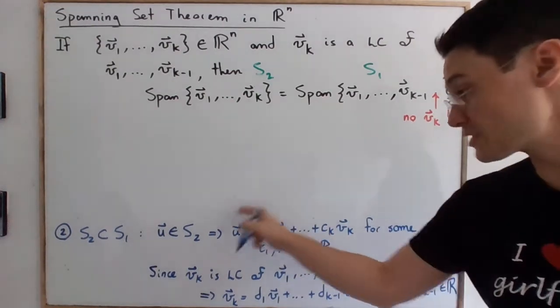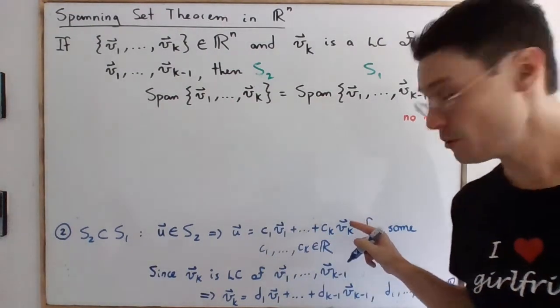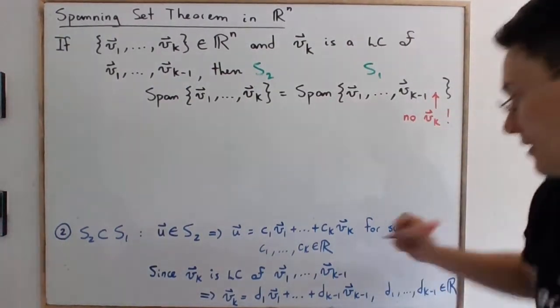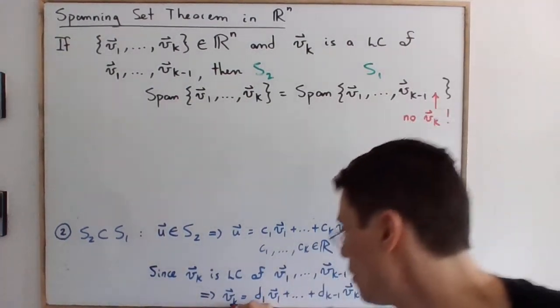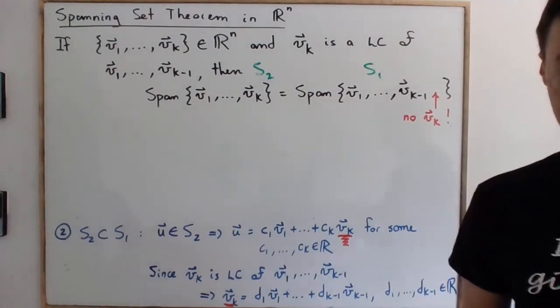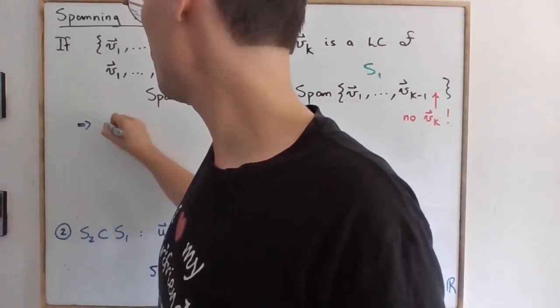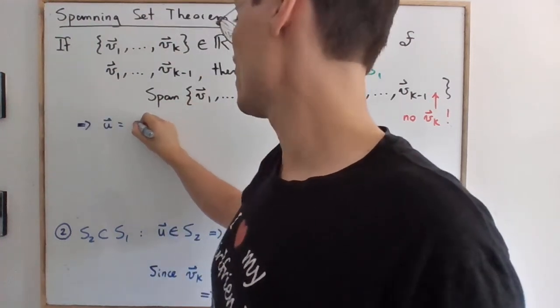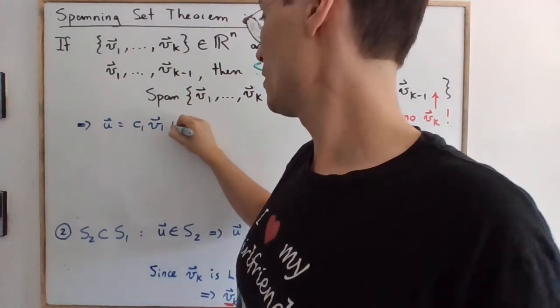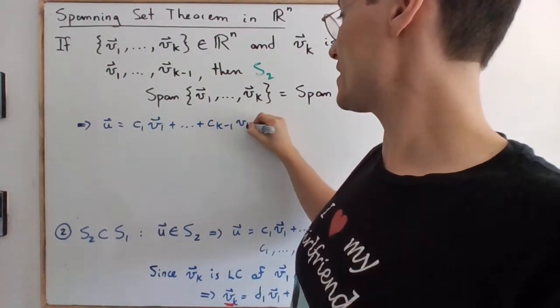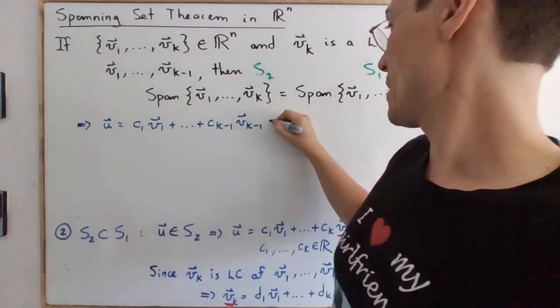So what we're going to do is we're going to take this equation of U and we're going to substitute VK by this, right? So the VK that we have here, we will use this expression, okay? So that's what it's going to look like. So U is equal to C1 V1 plus CK minus 1 VK minus 1.